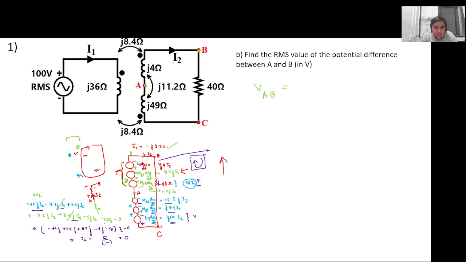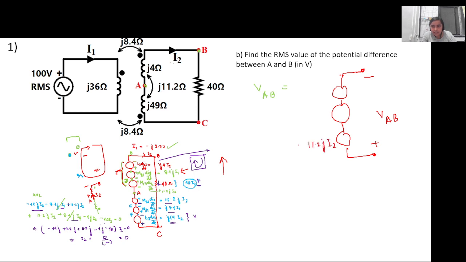So first one is this 11.2j I2. Let me just redraw it here. So this is VAB, positive this side, negative this side. Here it is 11.2j I2.